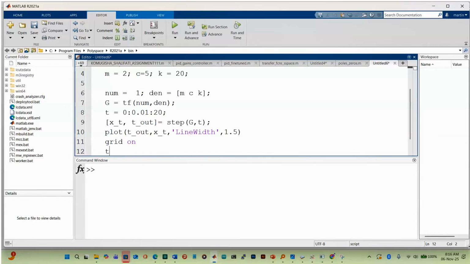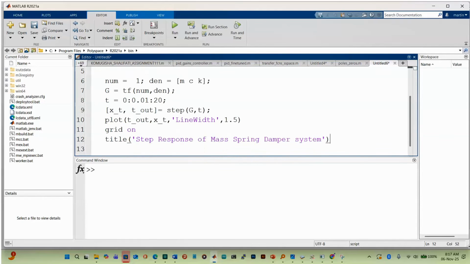Then we label. This is the title of the graph. The title is going to be step response of mass-spring-damper system. Then next we need to label the x label.